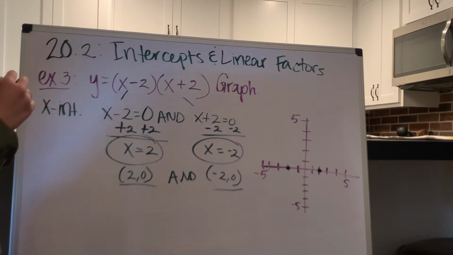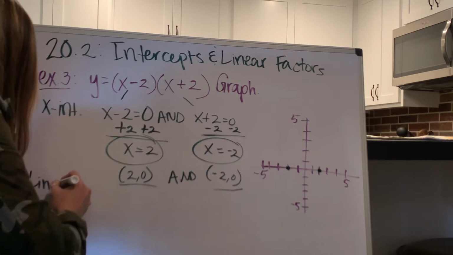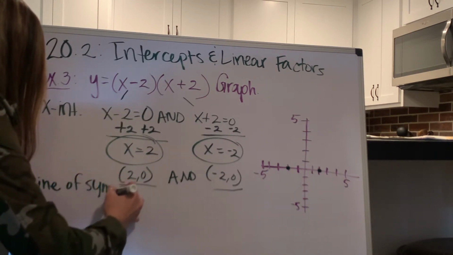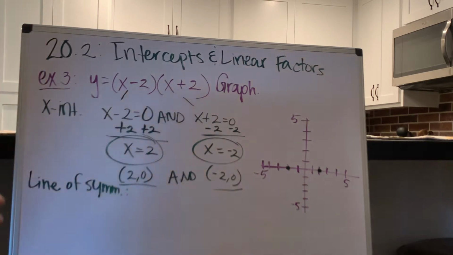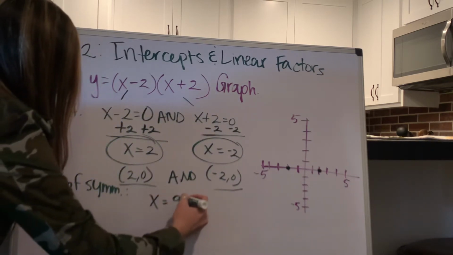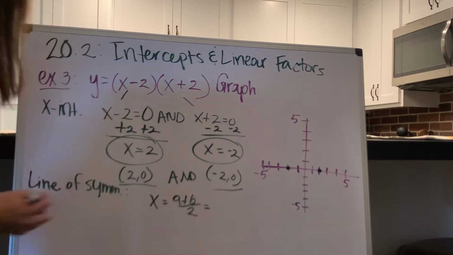Now, another thing that we know is that the line of symmetry is halfway between the x-intercepts. Remember, we had a formula on the first page of the notes: x is equal to a plus b divided by 2, where a and b were our intercepts.